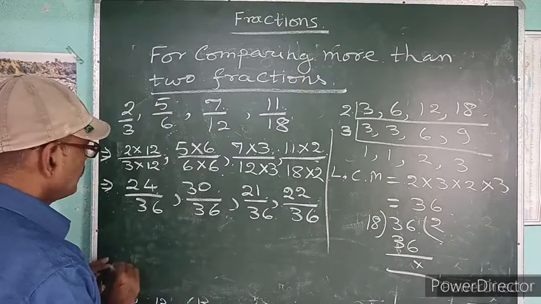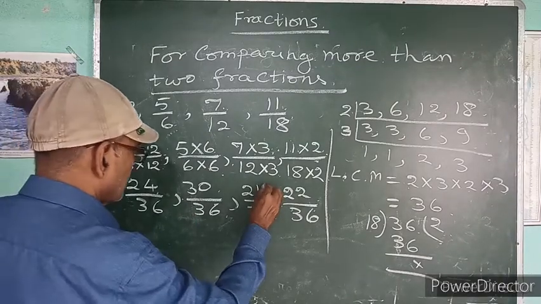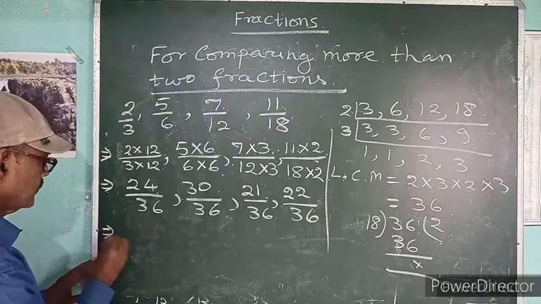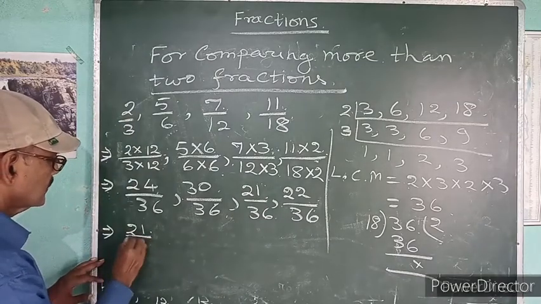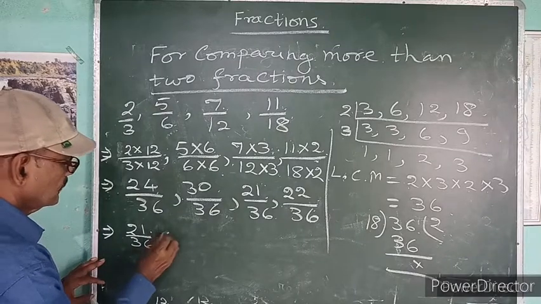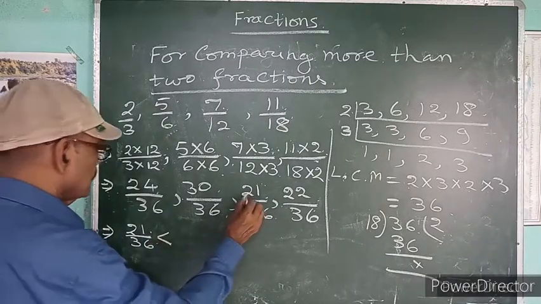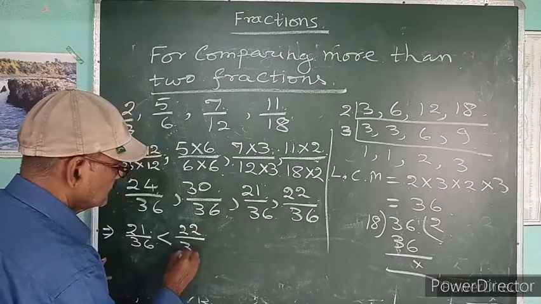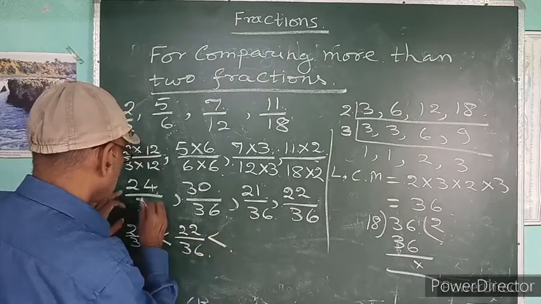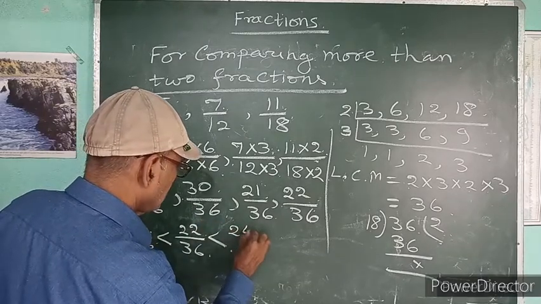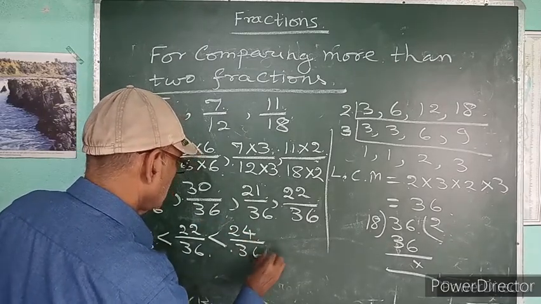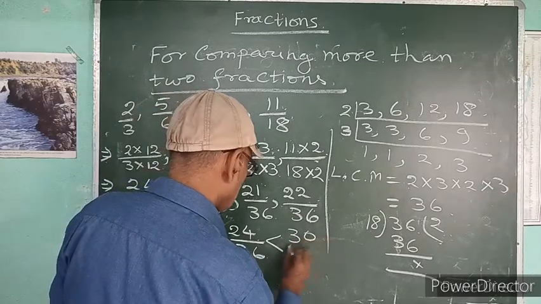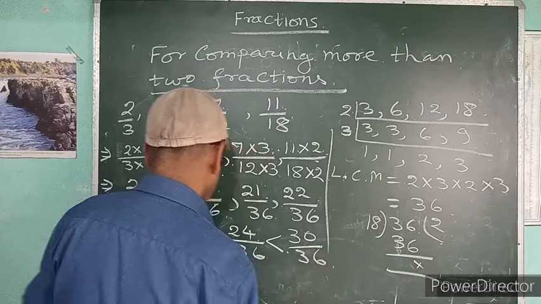The smallest fraction is this one, 21 by 36. You write 21 by 36 first, then next one is 22 by 36, and the other one is 24 by 36, then the greatest one is 30 upon 36.